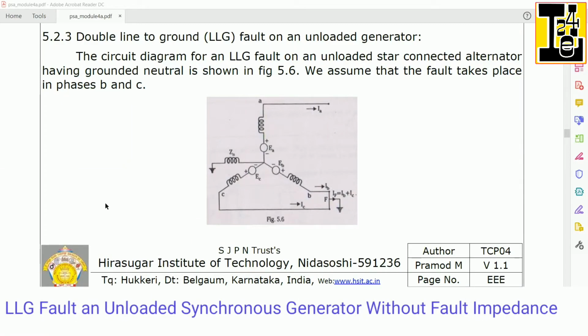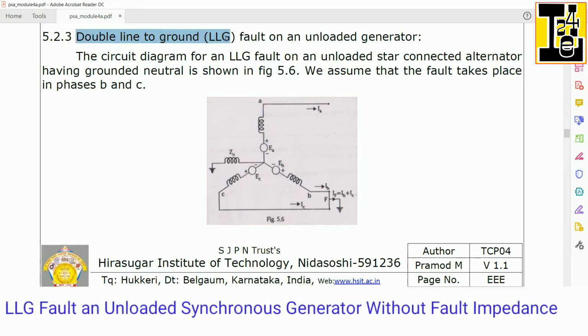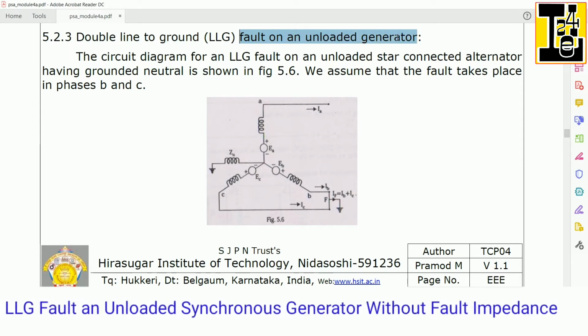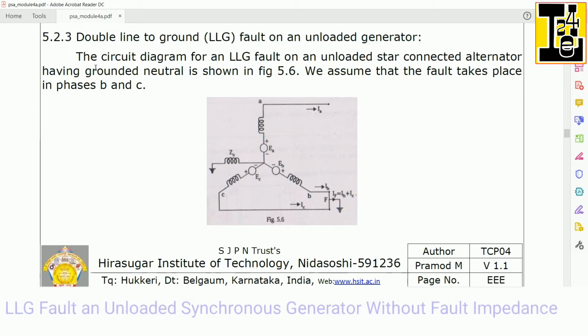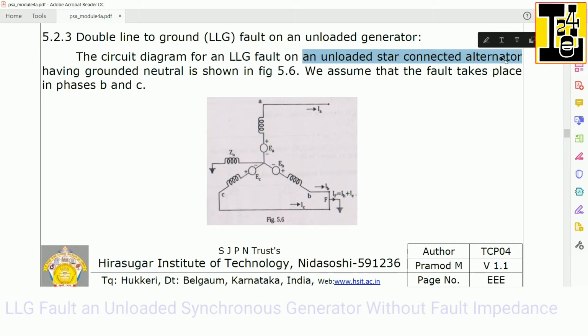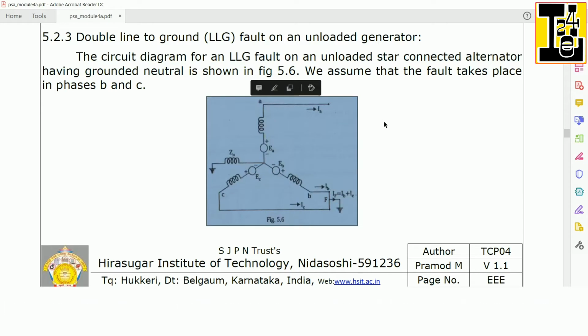Dear students, let us find the expression for the fault current when the double line to ground fault, that is the LLG fault, takes place on the terminals of an unloaded synchronous generator. The circuit diagram for an LLG fault on an unloaded star connected alternator having a grounded neutral is shown in this figure.